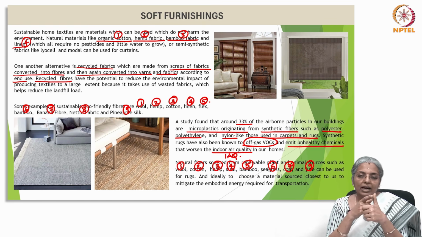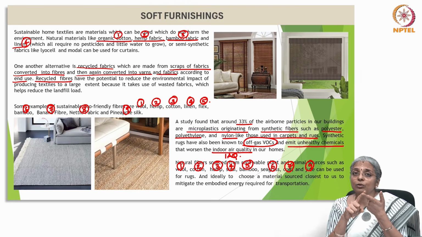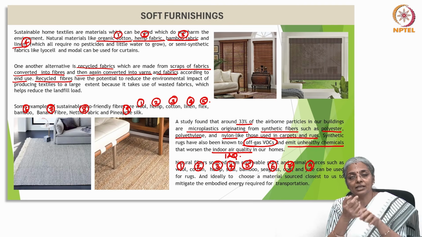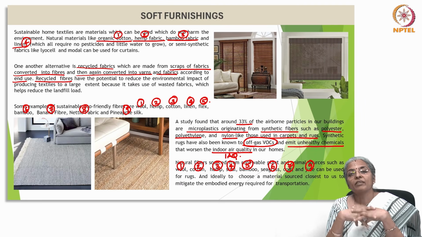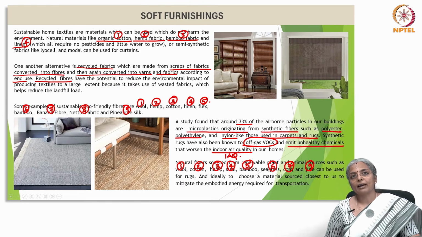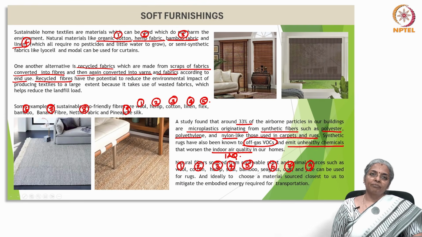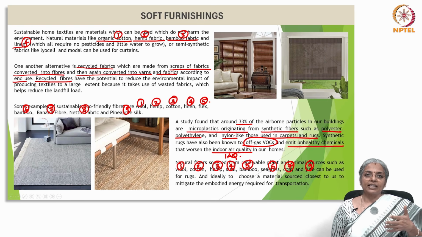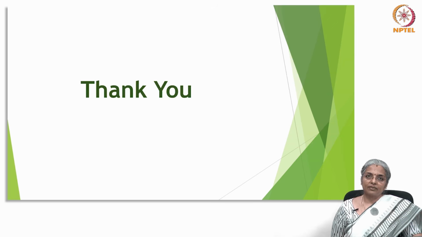We saw lighting fixtures, we saw lighting switches, we saw the furniture that can come in, we saw fans, air conditioners and furnishings in this first part. We will continue with what all can be done to reduce the environmental burden of designing and building in the next class on multifamily housing.